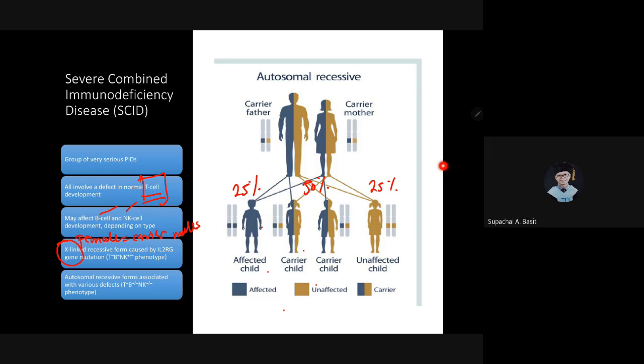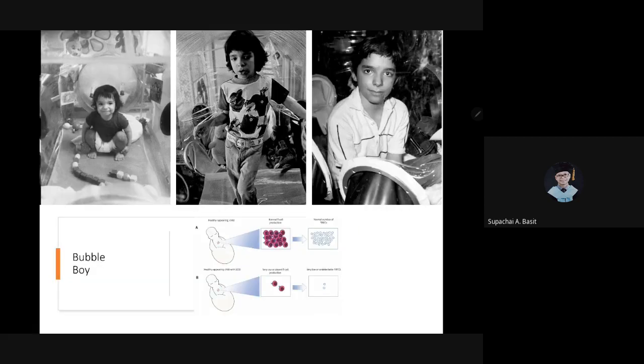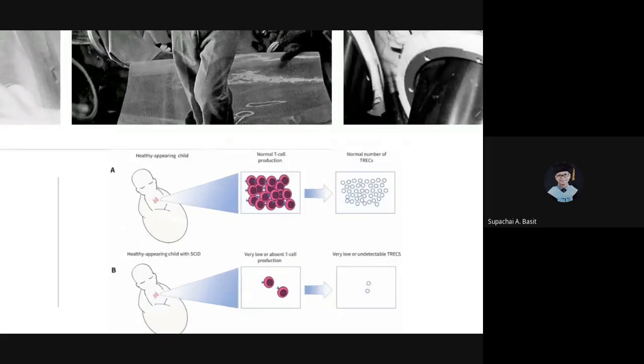But in autosomal recessive, both sexes could be affected by this particular disorder. So this is a sad story of a bubble boy because he lives inside the bubble. This boy has a condition known as SCID, and he needs to live in a sterile environment because being exposed to the outside environment could be fatal for him.